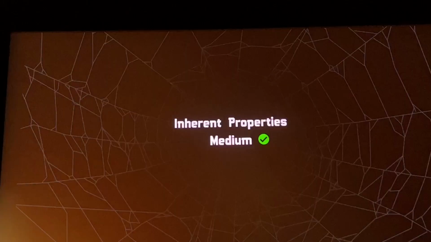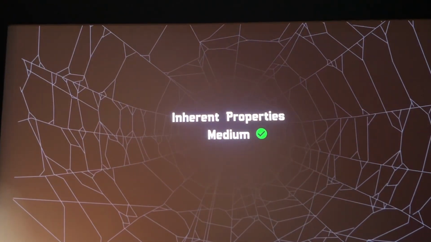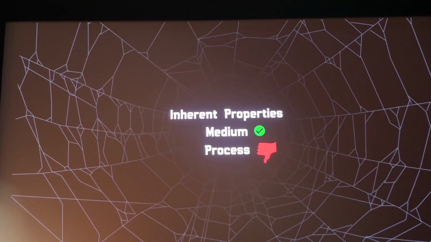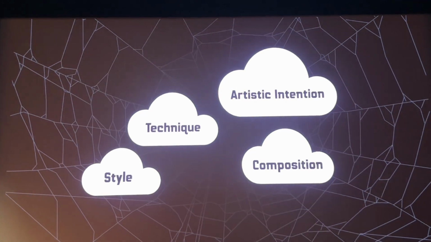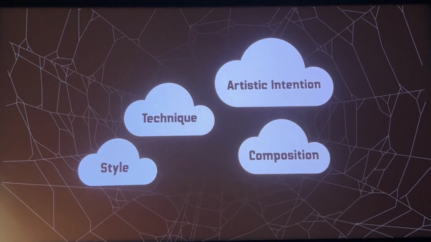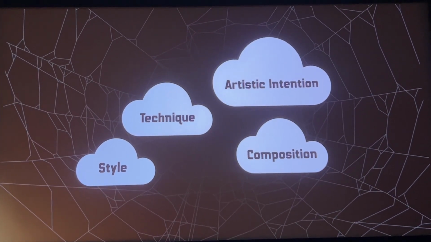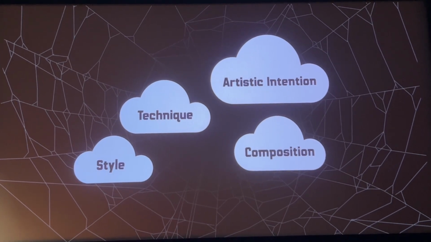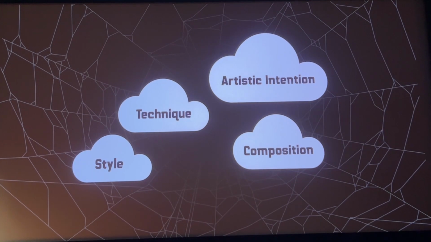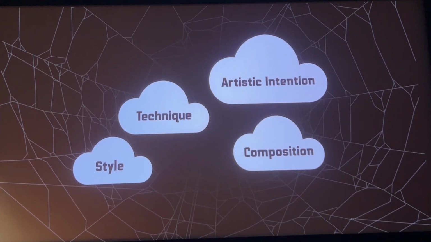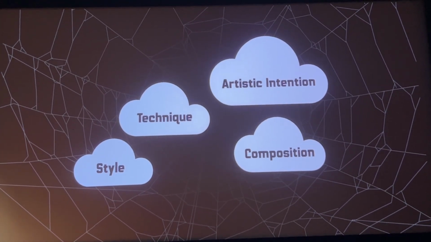So I felt like at this stage I was very close with the medium, but my process wasn't quite there. And by process, I mean that really annoyingly difficult stuff that artists do, like the artistic intention, style, composition. So I did what any art student with fine arts training would do, and I decided to learn more about that process by doing a master copy, right?